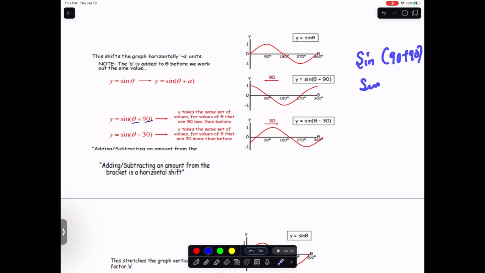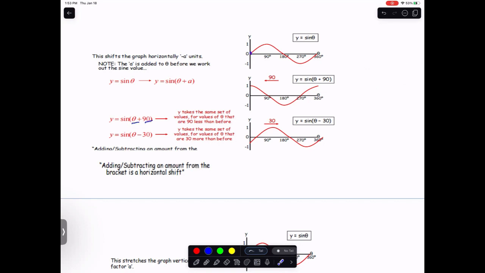That gives us sine 180. So you can see our normal sine graph here where y is sine theta. On 180 degrees, this is what we have here. That is when you have y equals sine theta plus 90 degrees.